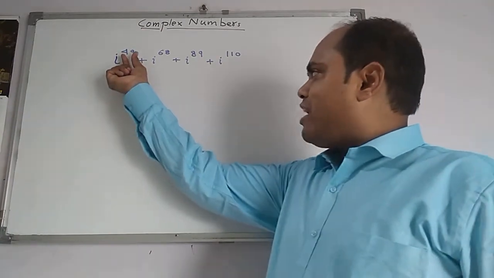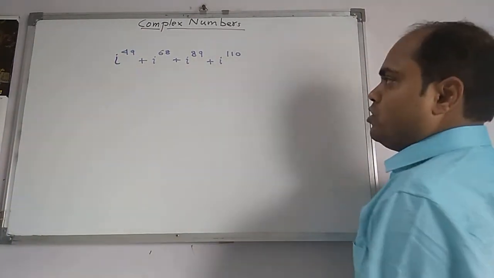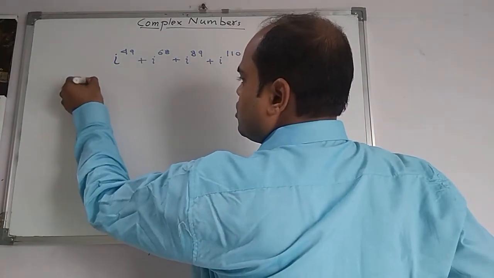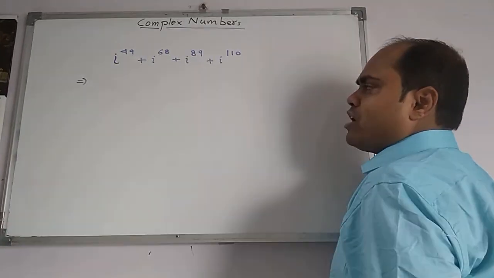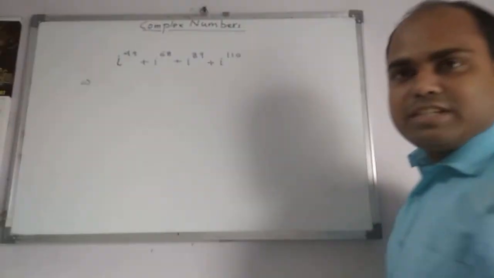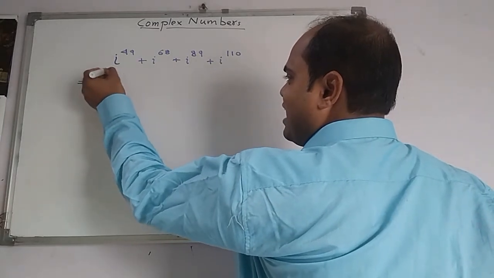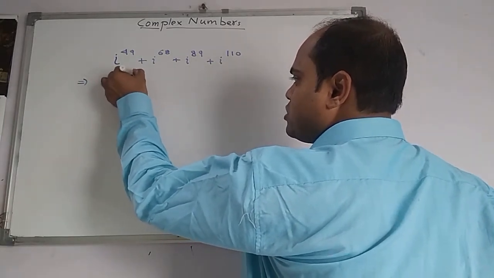First of all, we will try to reduce the power to the simplest form. So we can write iota raised to 49 using the nearest multiple of 4, as 48 plus 1.